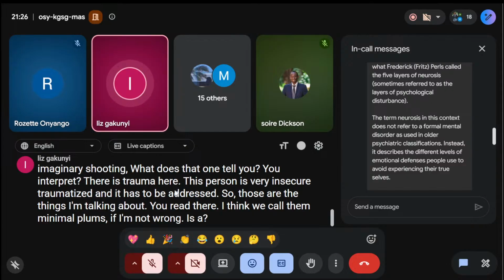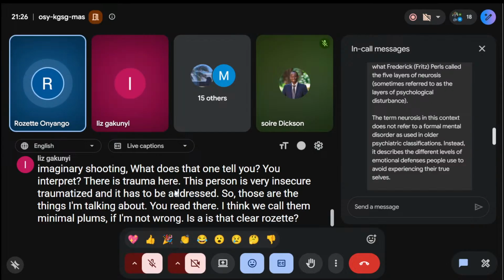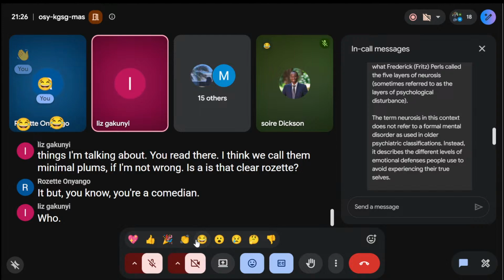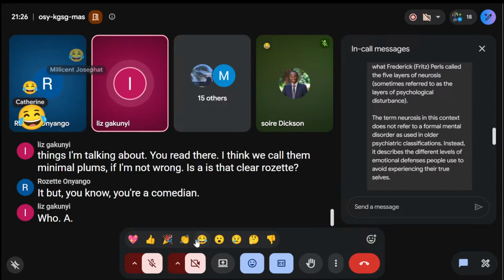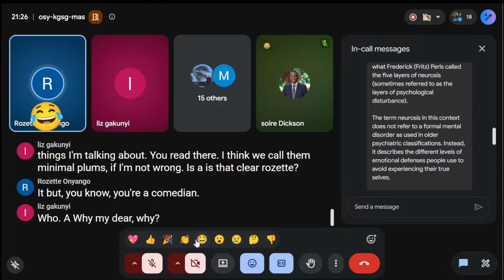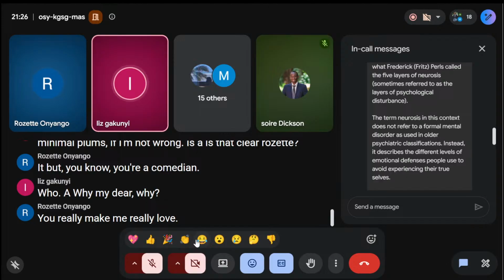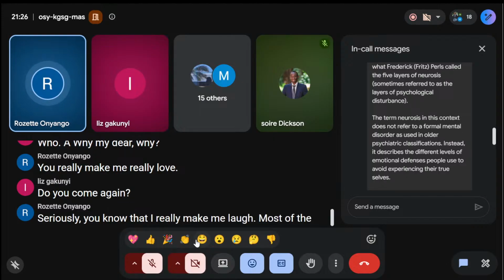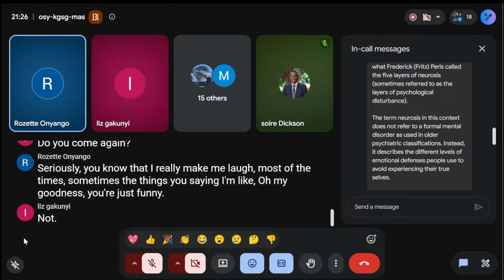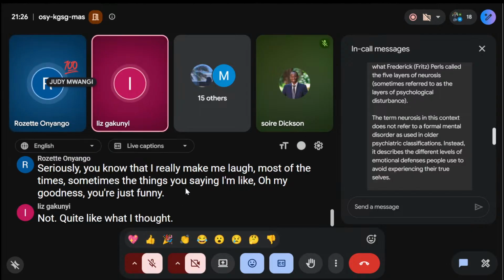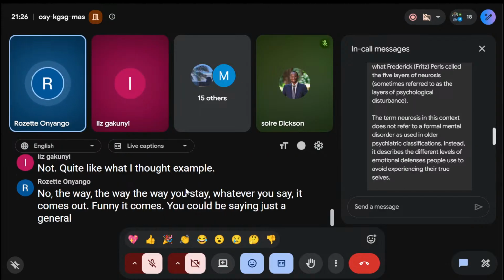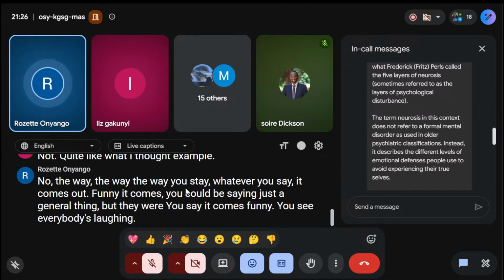Is that clear, Rosette? Yes, teacher. But by the way, teacher, do you know you're a comedian? Who? You. Why, my dear? You really make me laugh most of the time. Sometimes the things you say, I'm like, oh my goodness, you're just funny. Like what? No, the way you say whatever you say, it comes out funny. You could be saying just a general thing, but the way you say it, it comes out funny. You see, everybody's laughing. Thank you for noting that.